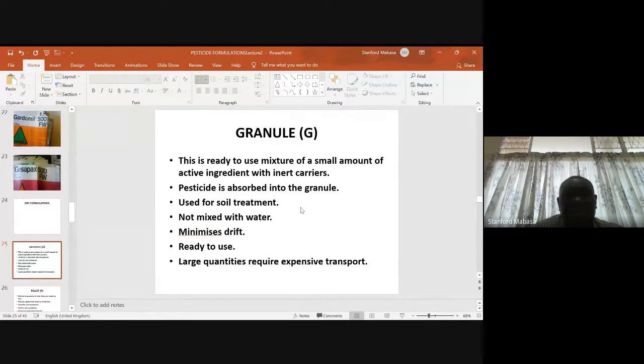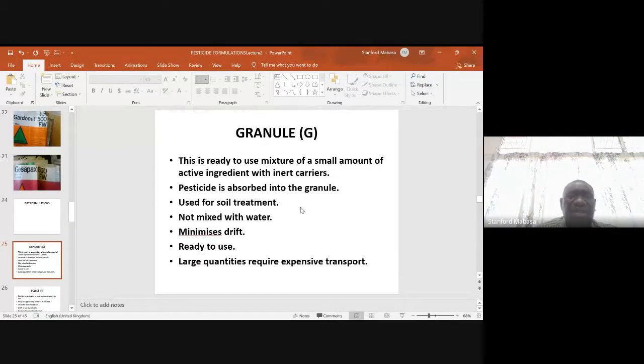Farmers didn't need a sprayer. So you could just broadcast the herbicide using your hands. In terms of safety, sometimes granules are safe to handle.